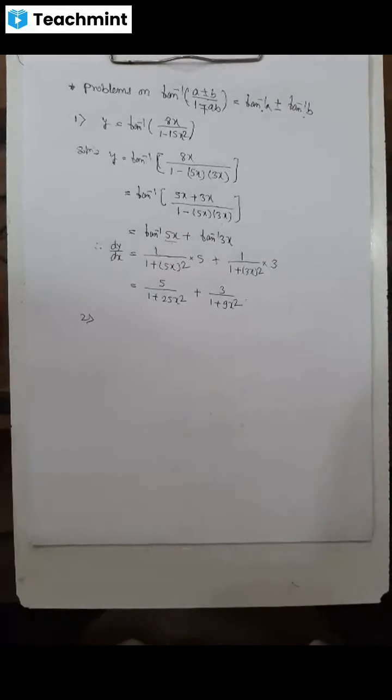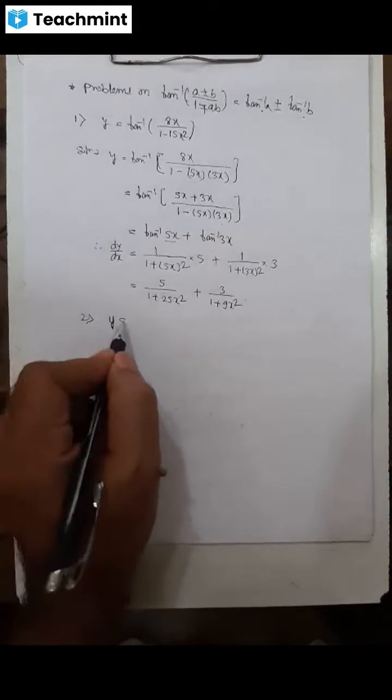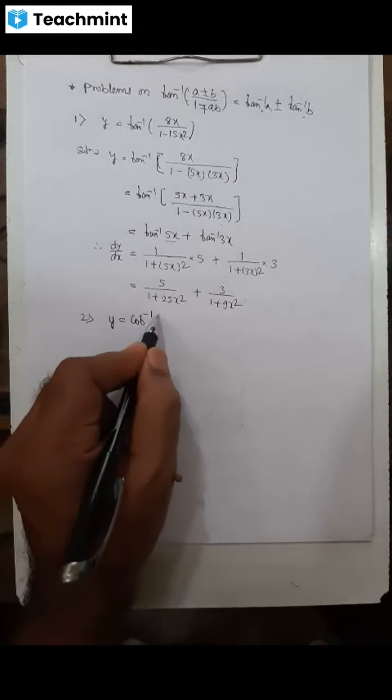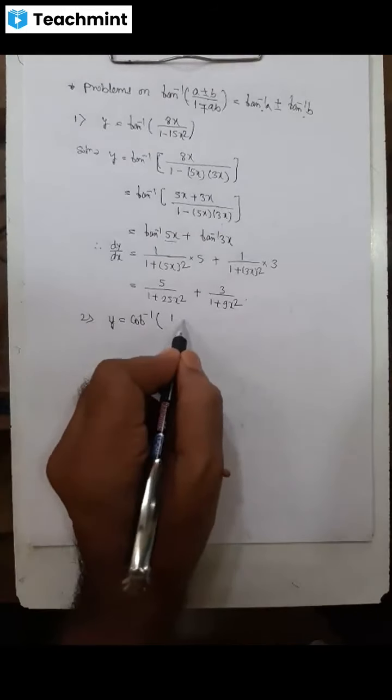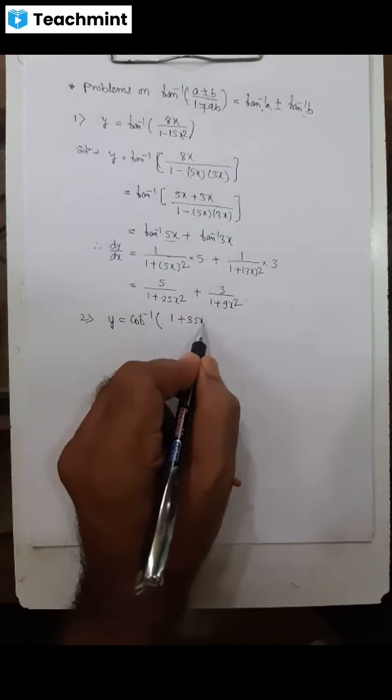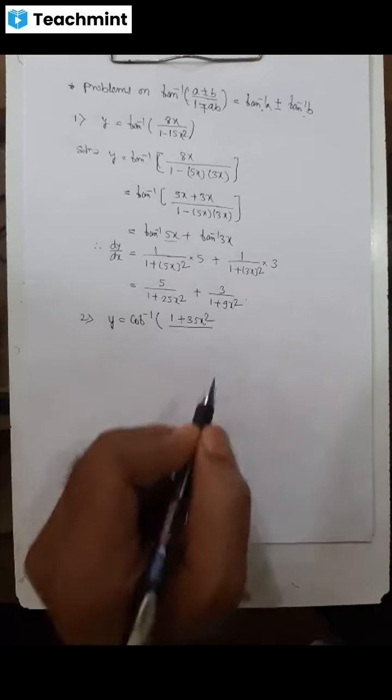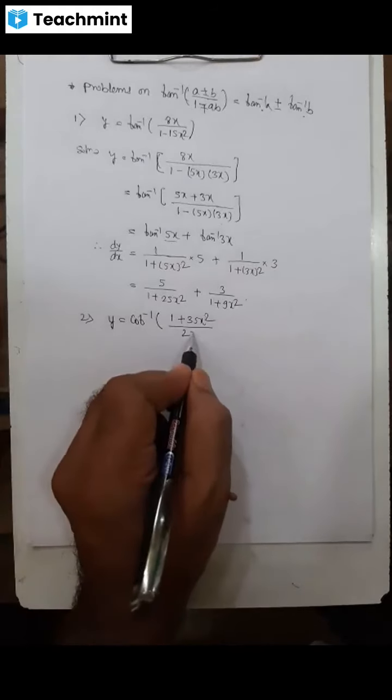So it is a very simple method. Note that formula. Second, y equal to cot inverse of (1 plus 35x square) divided by 2x.